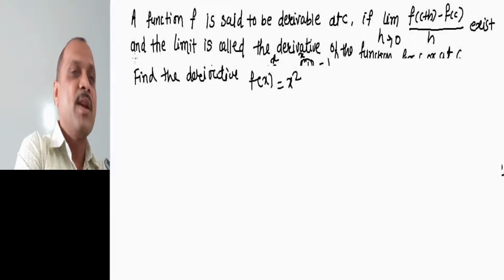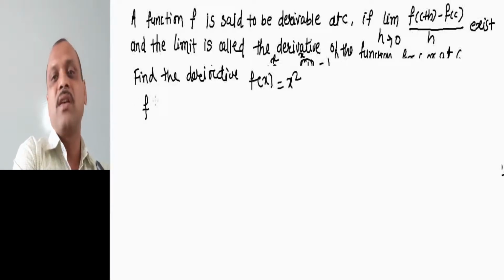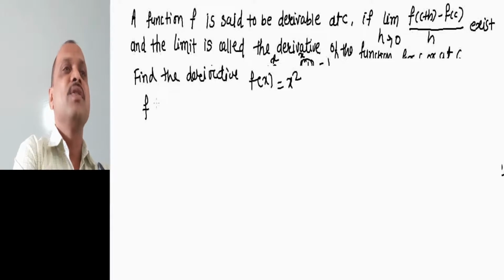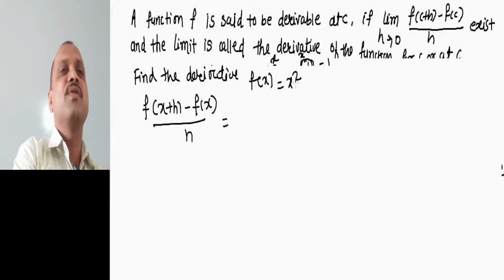Now, instead of c, we are not fixing the point. So, generally f of x plus h minus f of x divided by h. Since f of x equals x square, f of x plus h equals x plus h whole square.